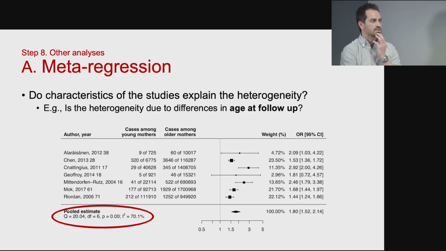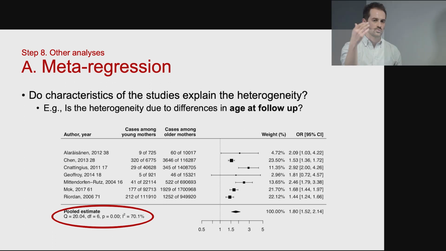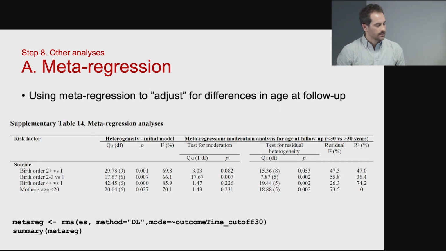For example, differences in terms of countries, populations, age at follow-up. In our study, we explored, for example, if this heterogeneity, here 70%, could be explained by the age at follow-up. For example, people followed up until 20 years, 30 years old, or until adulthood. I mean, 30 is adult, but you know what I mean.